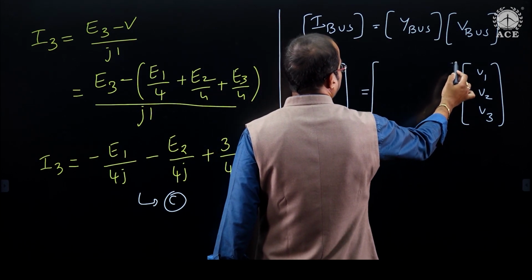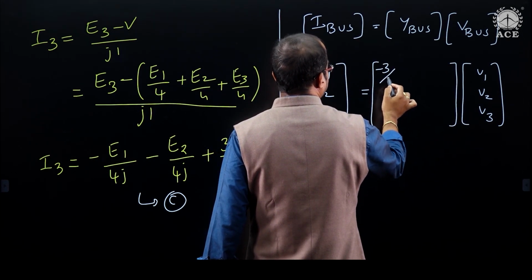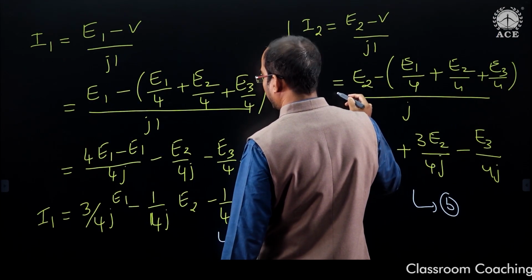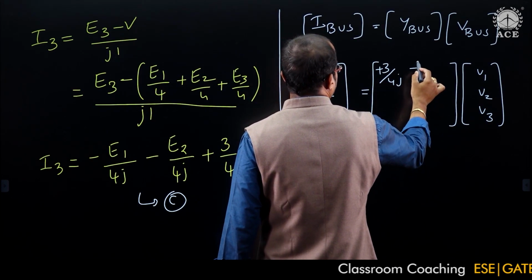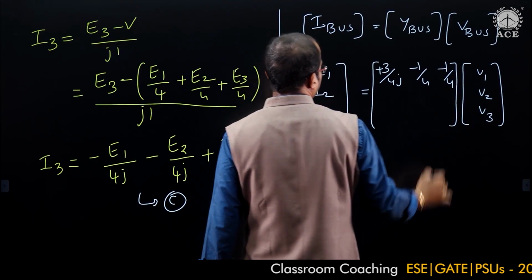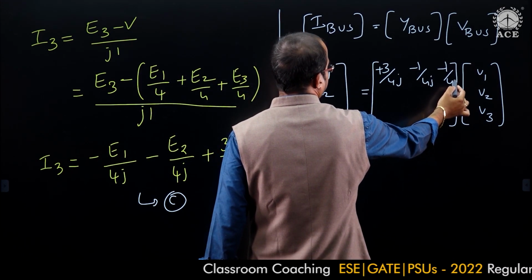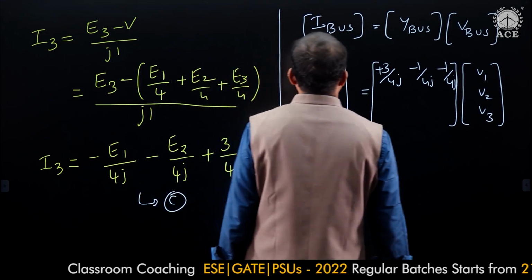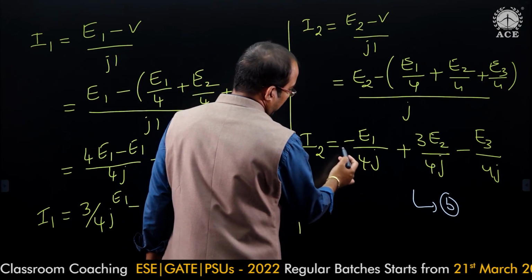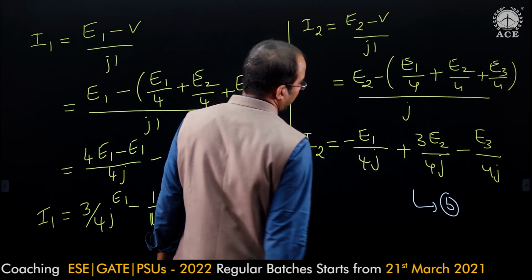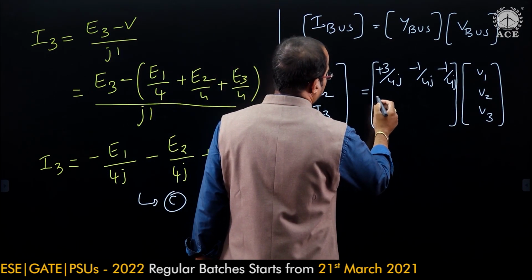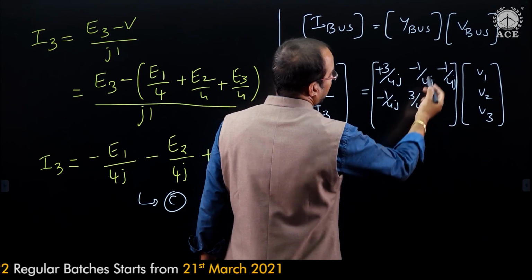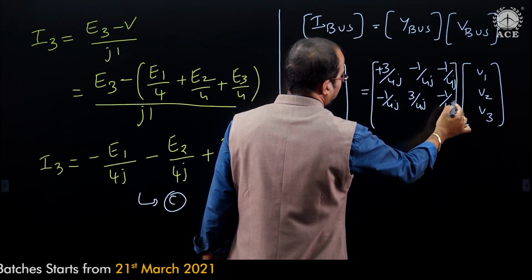So, if you fill this matrix, it is plus 3 by 4j, minus 1 by 4j, minus 1 by 4j. And if you write the values of the I2 equation: minus 1 by 4j, plus 3 by 4j, and minus 1 by 4j.